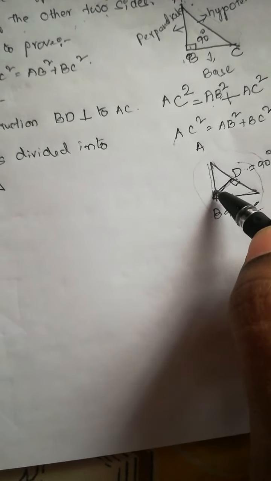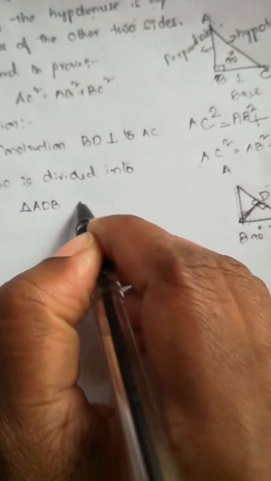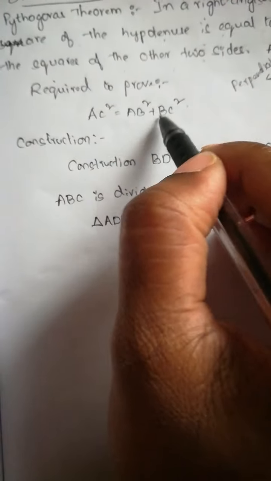We don't know how much angle B is here because it is now divided. The total angle is 90 degrees, but after dividing with the perpendicular, the angle will be divided. So we have only D which is 90 degrees. So angle ADB and another triangle is BDC. See, we have to prove AC square is equal to AB square plus BC square.